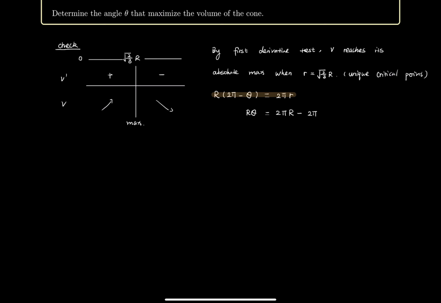And small r, we know that it's root 2 over 3 R. Right? So in this case, you can find theta is gonna be over R, so that's gonna be 2 pi minus, what do we have? 2 root 2 over 3.